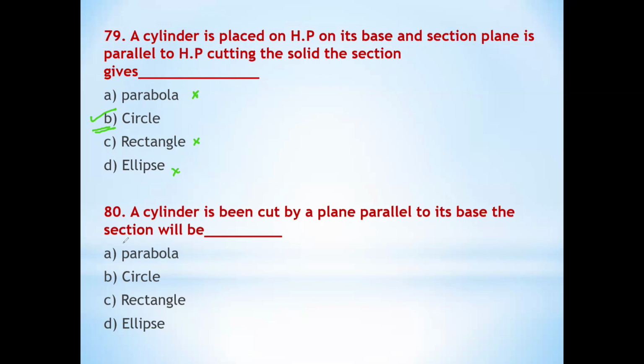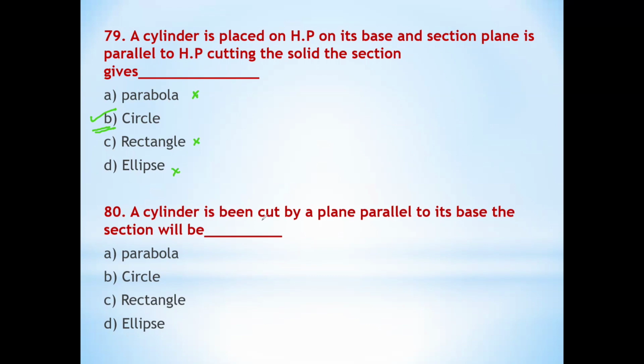Now next, a cylinder is cut by a plane parallel to its base. Then the section will be. So this is the same as the previous MCQ number 79, just the wording is different. In the previous one they mentioned the section plane is parallel to the HP, and here it is mentioned it is parallel to its base.